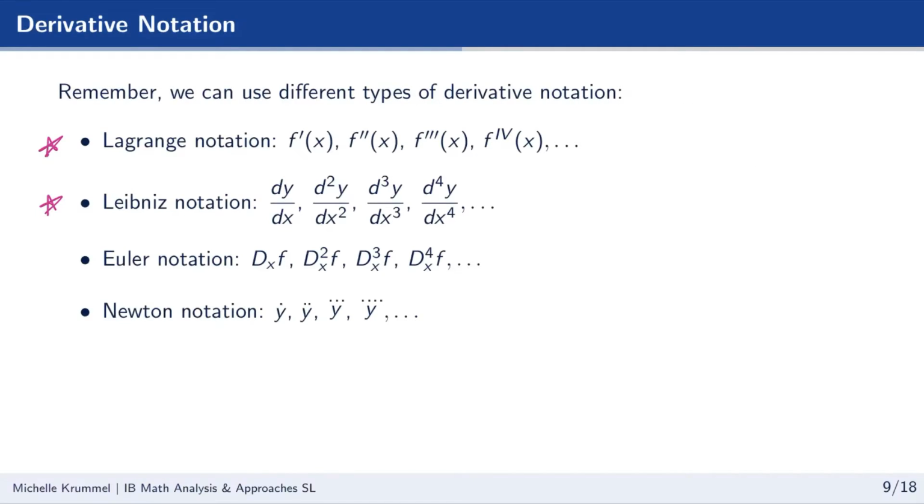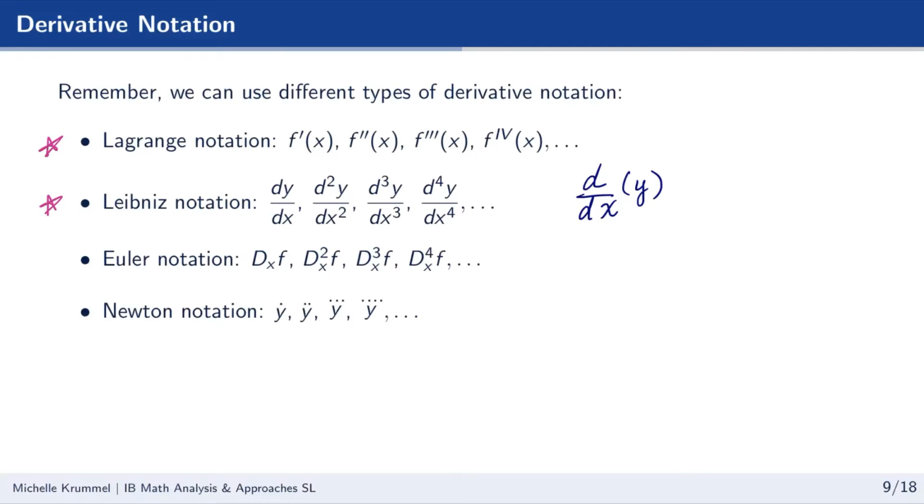Then we have Leibniz notation, which is a little bit more difficult to understand. But remember, for the first derivative, Leibniz notation, dy dx, we can also write it like this, where we put the y in parentheses because that's the thing that we're taking the derivative of.